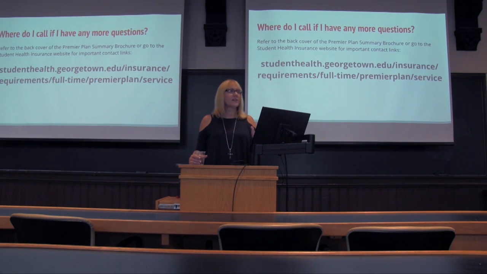So the first column will have $800, and then you owe $200 before the plan pays anything. So now there's $600, and they'll pay 80% of that $600, and you'll be responsible for 20%. So that's how that explanation of benefits will be laid out so that you can see what you owe.